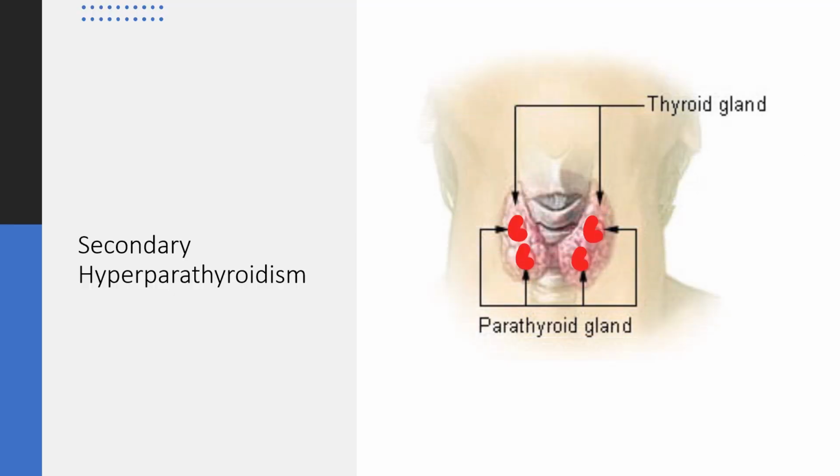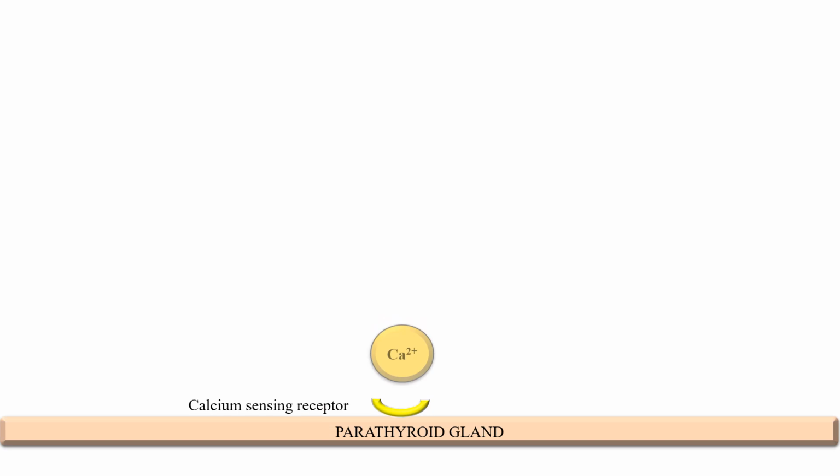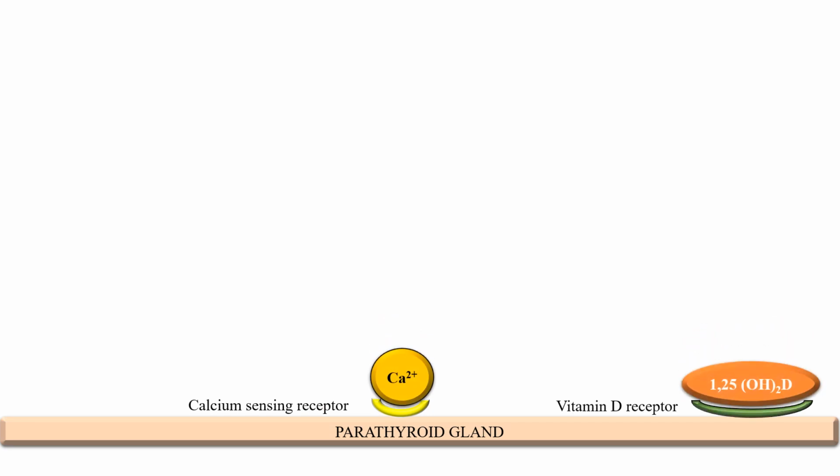Now that we understand vitamin D metabolism and what PTH and FGF23 do, we can discuss the pathogenesis of secondary hyperparathyroidism. We start out with our normal parathyroid gland with its calcium-sensing receptor and vitamin D receptor, both acting to keep the parathyroid gland in check based on small changes in blood calcium and 1,25D levels.